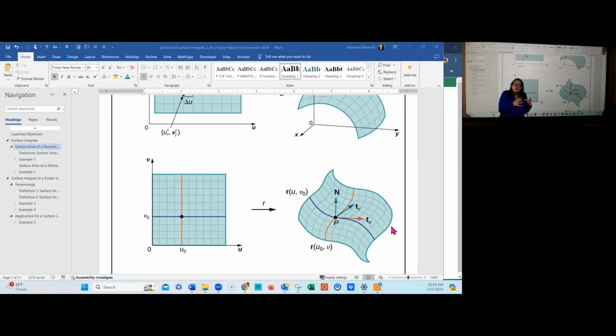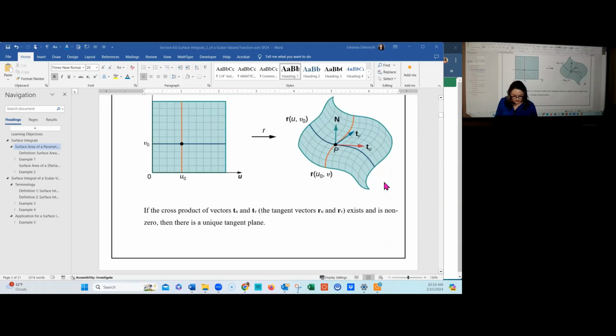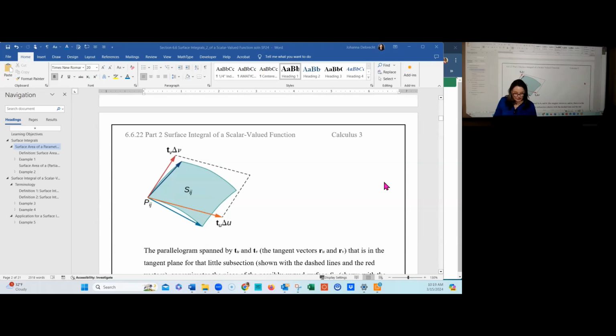And if I use a very small subsection of this, it's very close to the surface itself. So long as I'm very close to the surface, I can use the tangent plane to approximate the area on this curving, rolling surface.